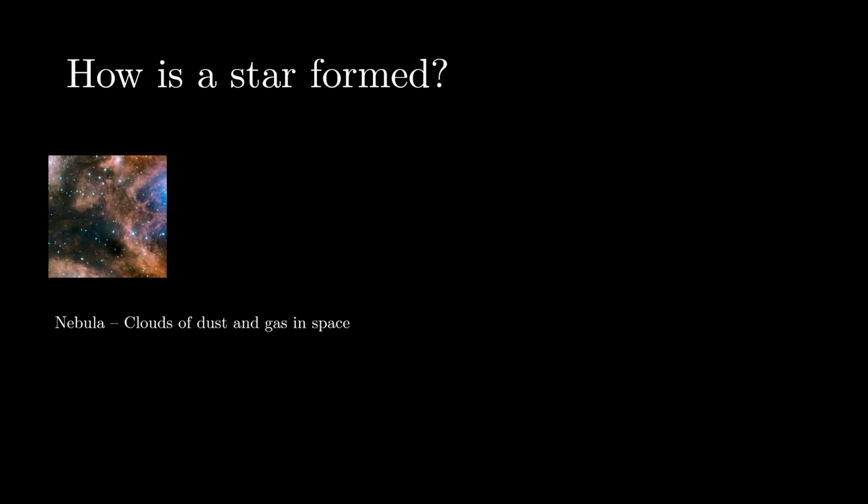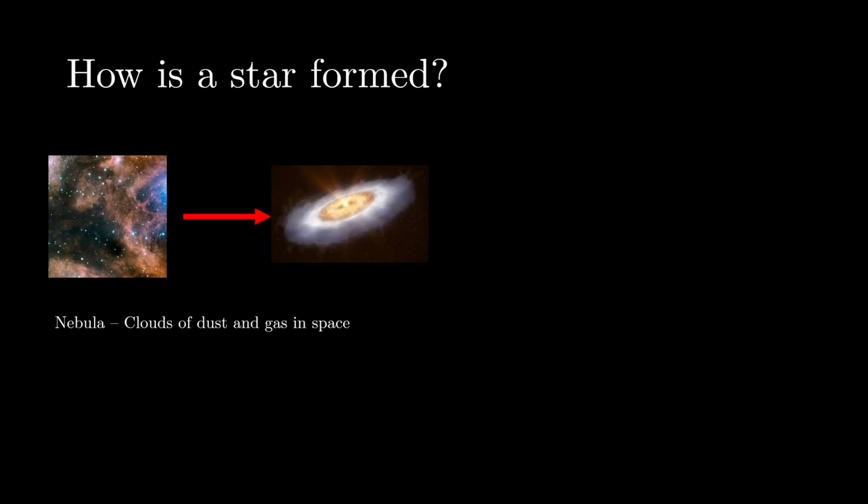Where the nebula is more tightly packed is where there's a higher gravitational force. So more and more nebula is going to group up in this one concentrated spot until you get so much that a protostar forms.